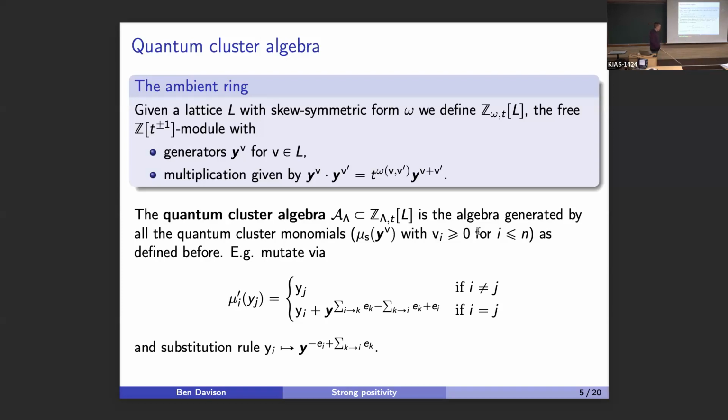So for example, if I'd broken up this vector into its constituent parts, a1 times e1 plus a2 times e2, and so on, and then written this thing out as y1 to the a1 times y2 to the a2, then you're right, I would have to start to think, well, hang on, which order do I want to put these in?